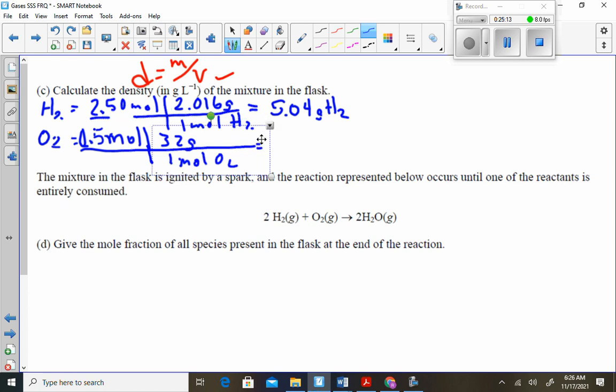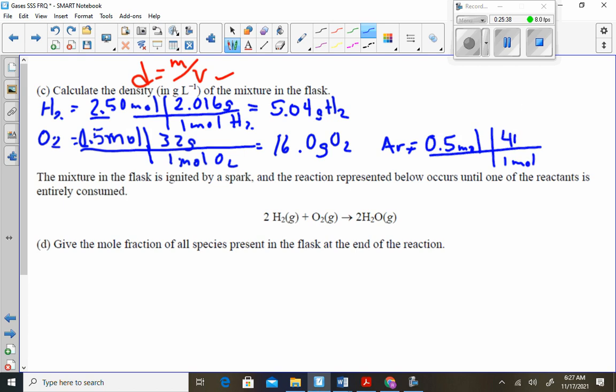And so for oxygen, we get 16 grams. And for our last one, our argon, we found in a previous section we have 0.5 moles. And we know for every 1 mole of argon, there's 40 grams. And so we have 20.0 grams of argon.